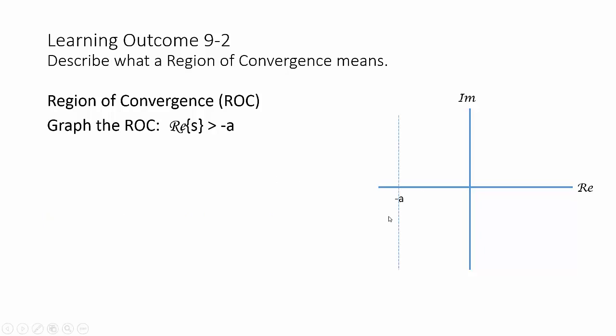The real part of s is equal to negative a is along this line, but we don't have equals, we only have greater than, so this is our border, but does not include that line. And when we're greater than that, it gives us this region here. That is our region of convergence for the signal we were discussing.